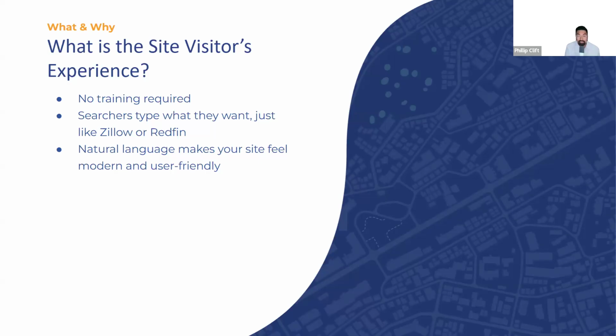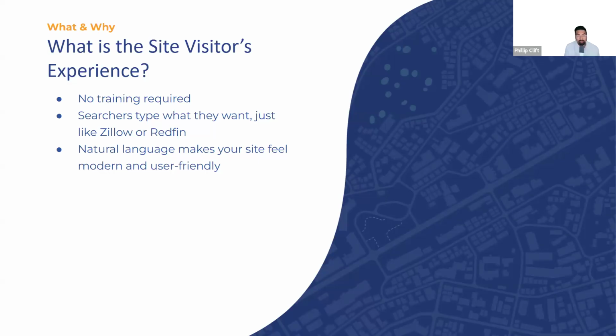And what we need to do is meet the site visitors where they are so that the search feels natural for them, so that they come back and use your site because it feels familiar to them, like they get with Zillow or Redfin, but they want to use your site because it's hyper local. That's where your sites win, is with your locality, right?